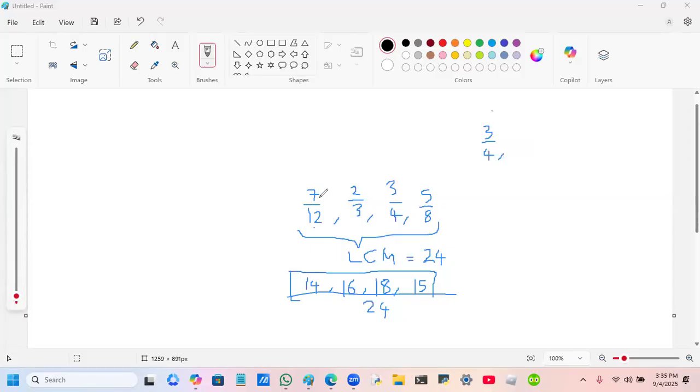Followed by 2 over 3. Followed by what next? 5 over 8, and then finally 7 over 12.